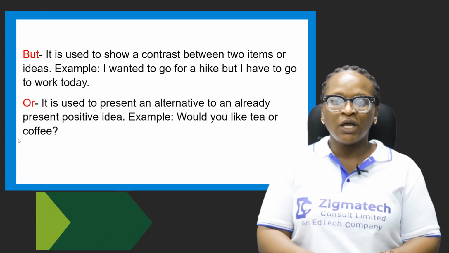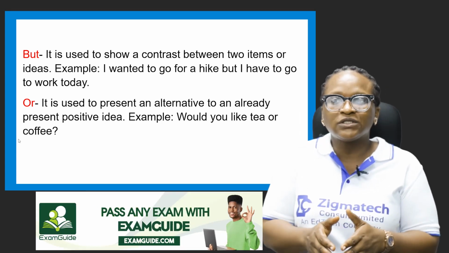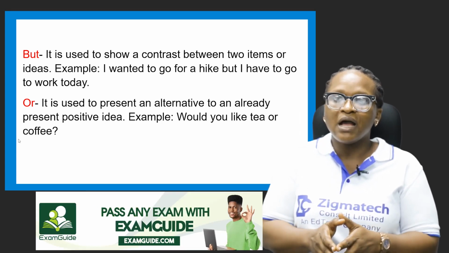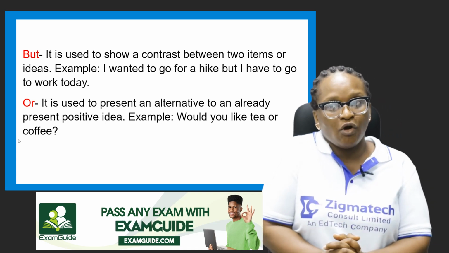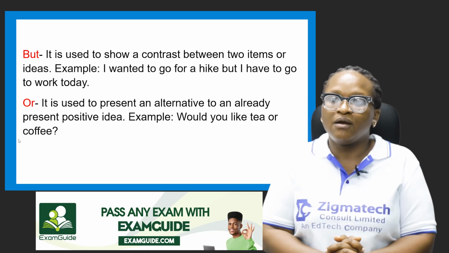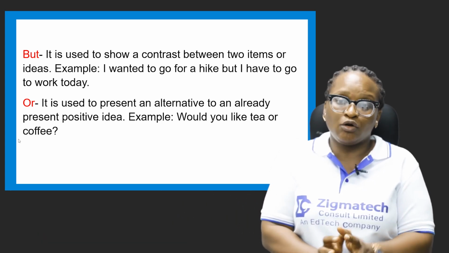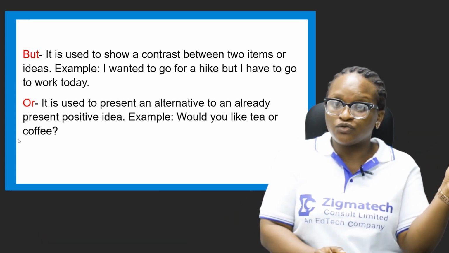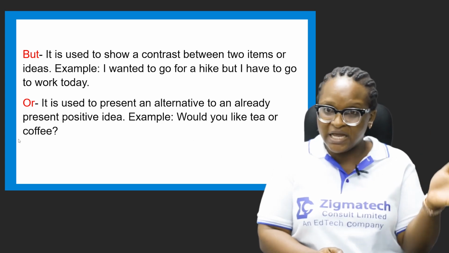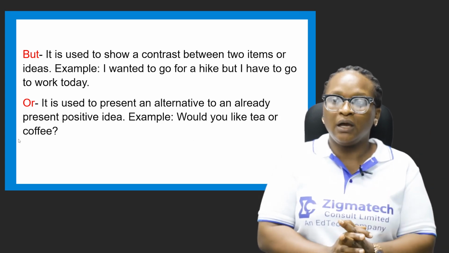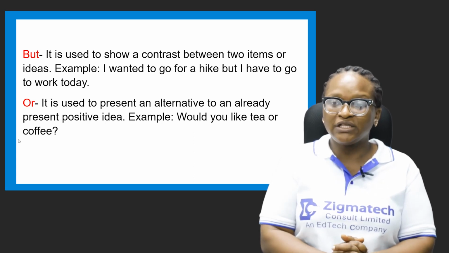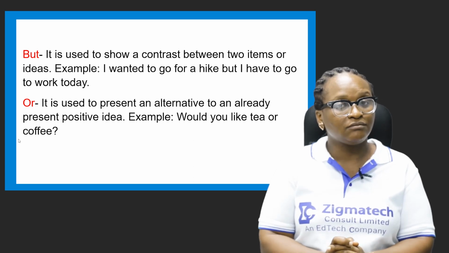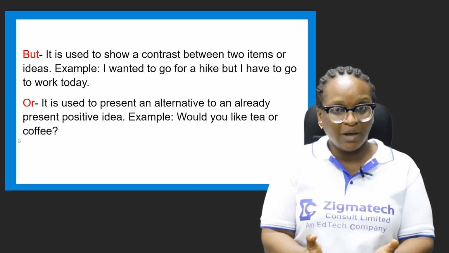Then we have or. It is used to present an alternative to an already present positive idea. Unlike nor, nor gives you what? A negative on a negative, but here it's a positive idea, an alternative to an already present positive idea. So, would you like tea or coffee? There are two things you are to choose.